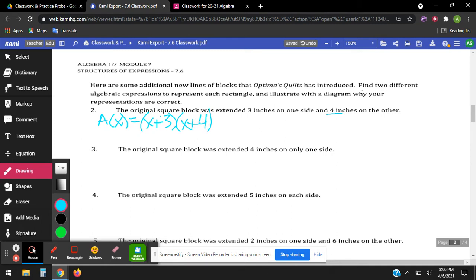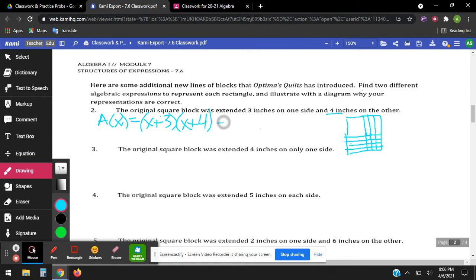So when I draw this, I've got an X with 1, 2, 3 on one side, and the other side has 1, 2, 3, 4. So then I just need to extend these down.